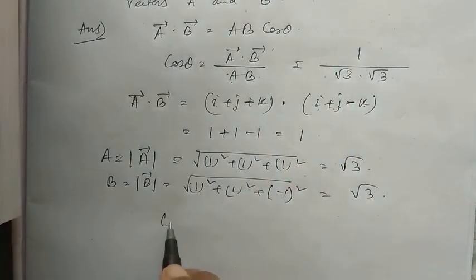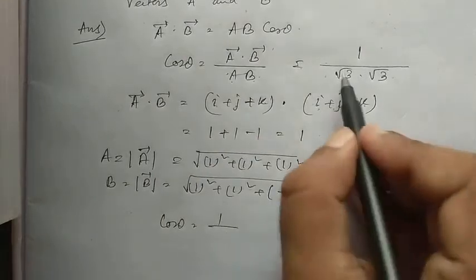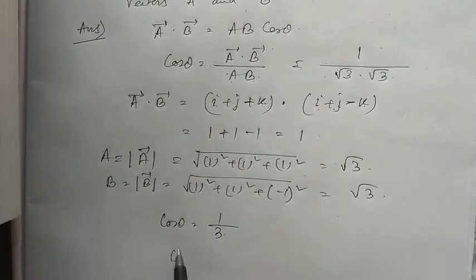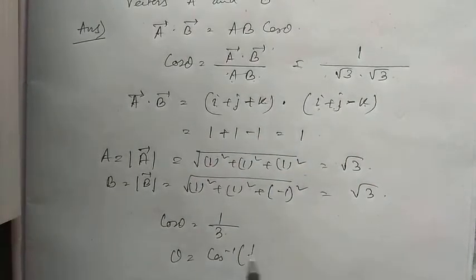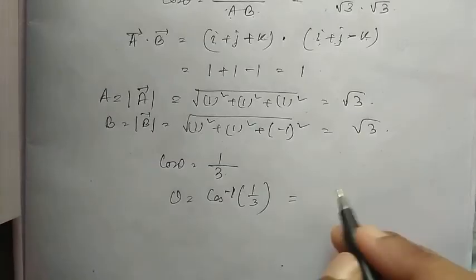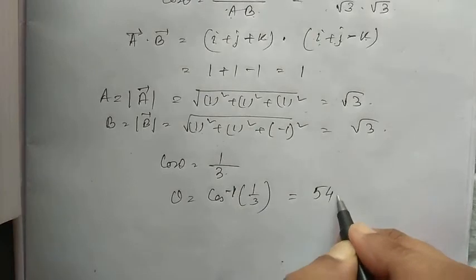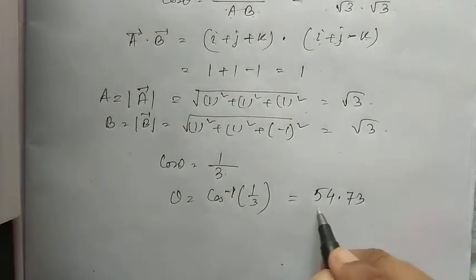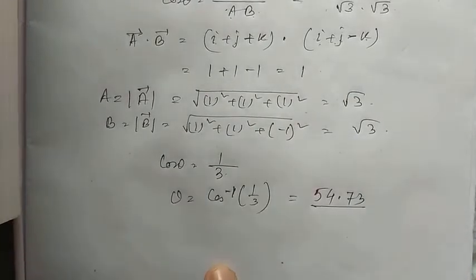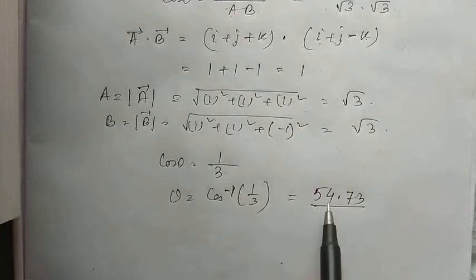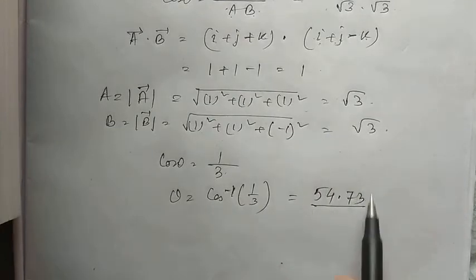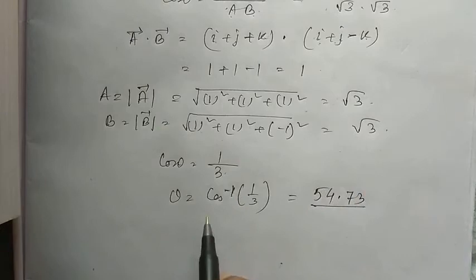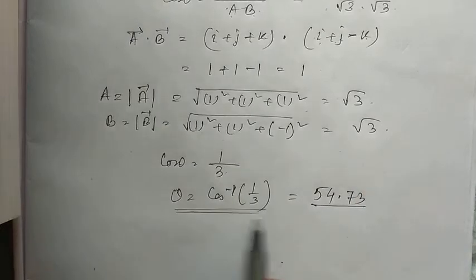Now cos theta is equal to 1 by root 3 into root 3, that means 1 by 3. So theta is equal to cos inverse of 1 by 3, which comes out to be 70.53 degrees. Now if you are given a calculator, you can calculate the value, and if you are not given a calculator, you can leave the answer in this format.